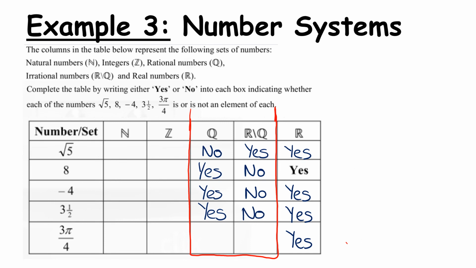Now, this one causes problems, and this is why I put this question in, because it opens a good discussion. So a lot of times students say, well, surely that's rational because rational numbers can be written as a fraction, and this is a fraction. But it's not a true fraction because that pi is irrational. So because there is a pi there at all, it makes the whole number irrational regardless of how it is written.